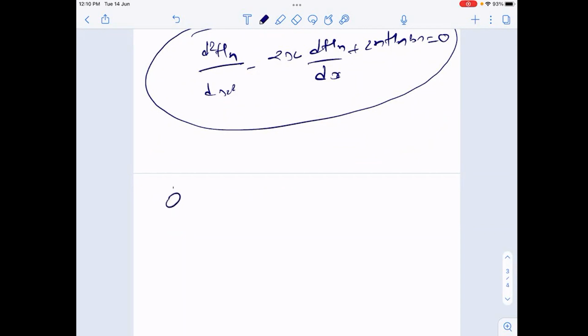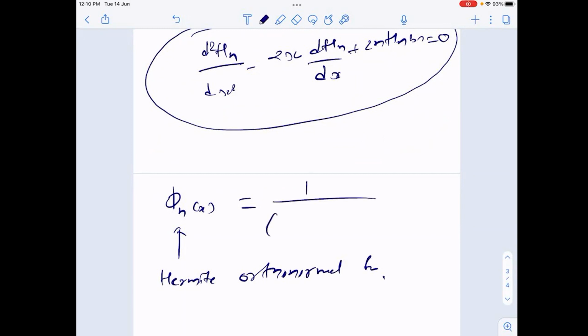So phi n(x) is one of these Hermite's orthonormal functions, which is given by 1 upon under root pi into 2 to the power n into n factorial to the power 1 by 2. And in the numerator, we have e to the power minus x squared by 2 into Hn(x).